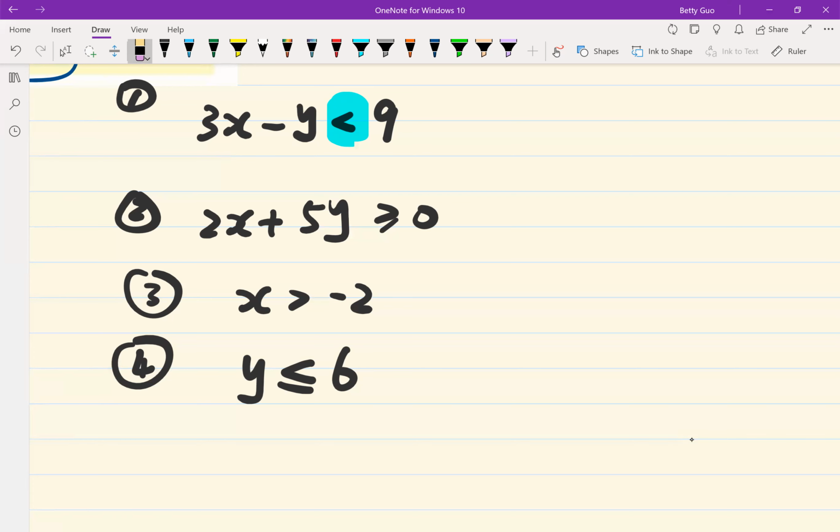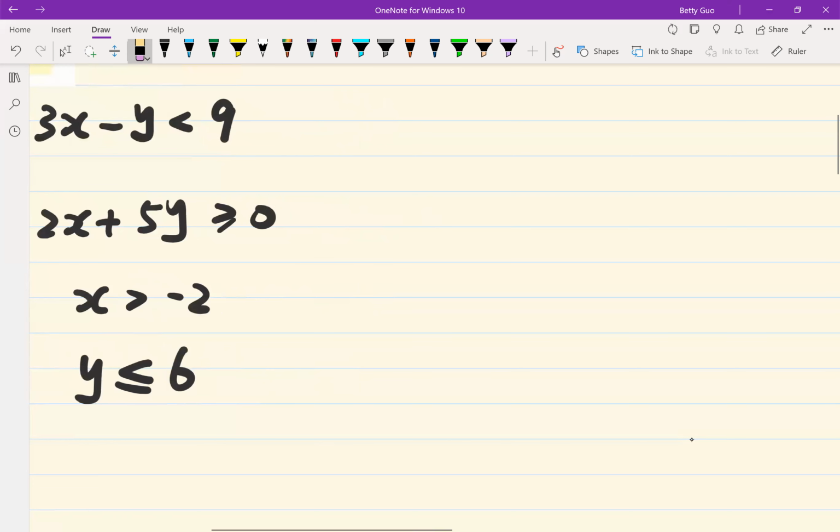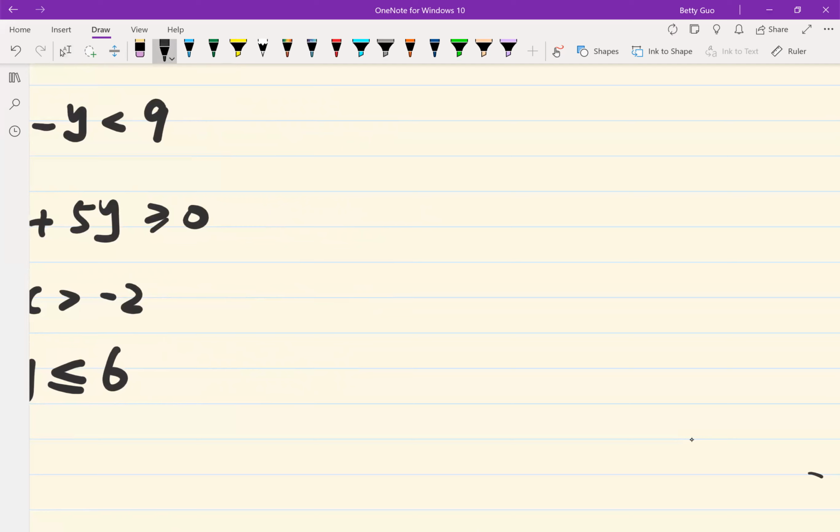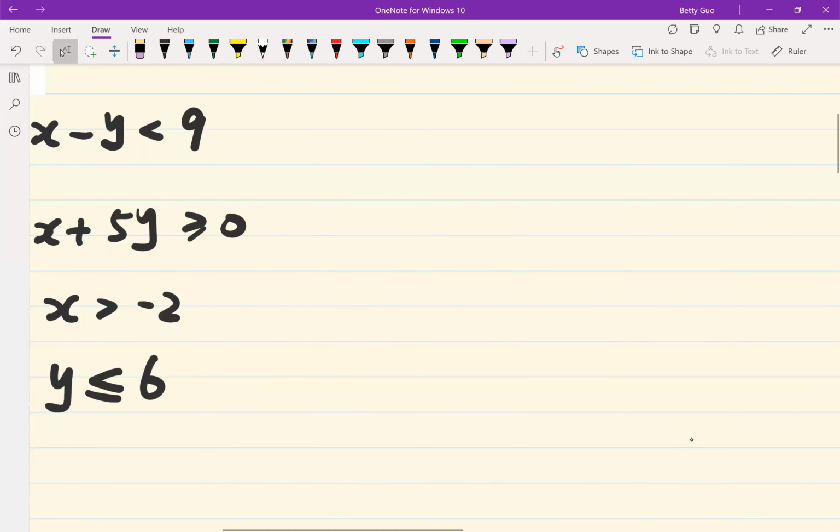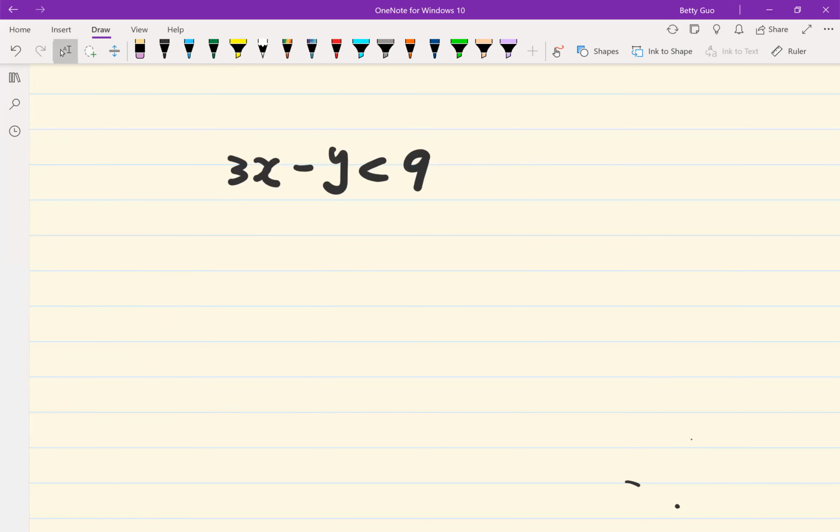Firstly, I want to explain the concept of a solution for a linear inequality in two variables.